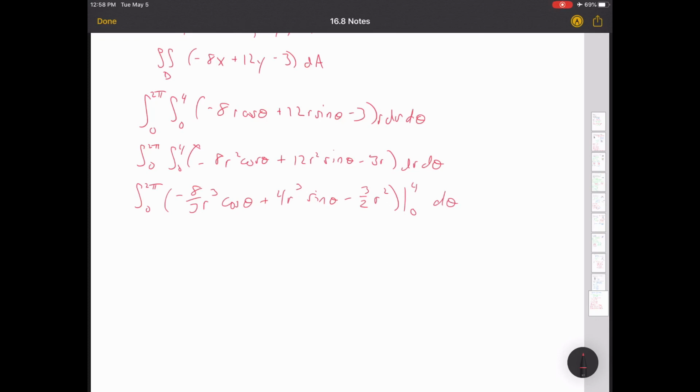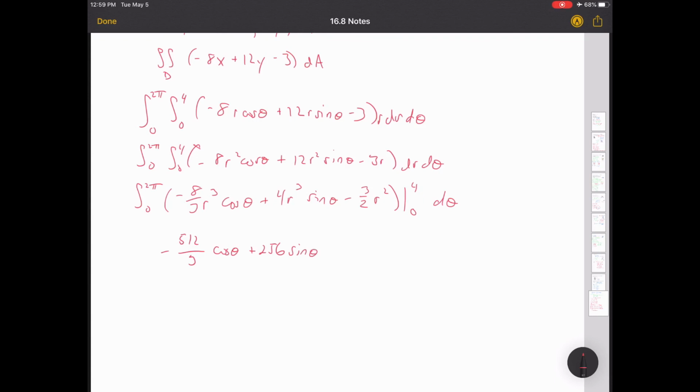Going to get some kind of big numbers here. So if I plug 4 in, 4 cubed is 64. 64 times 8, let's see, 64 times 2 is 128, times 2 is 256, times 2 more is 512. Did I do that right? 512, I think. 512 over 3. That is not divisible by 3, so that's it there. 4 cubed again is 64. 64 times 4 is 256 sine theta.